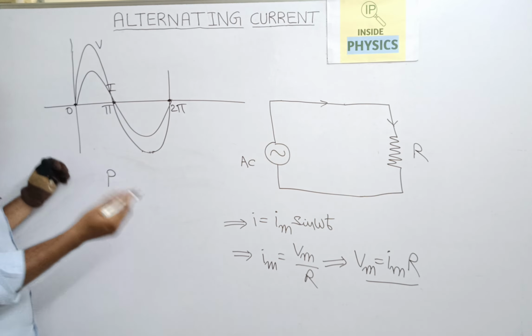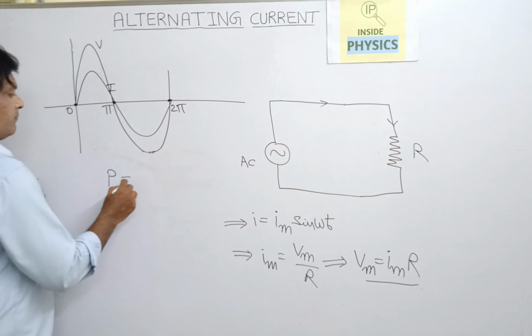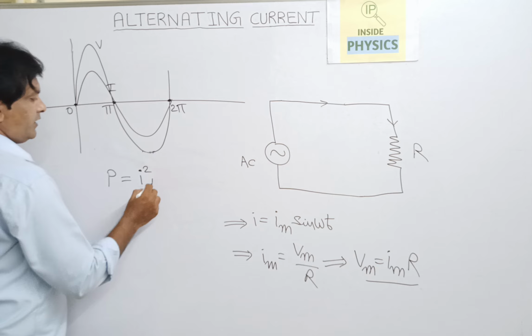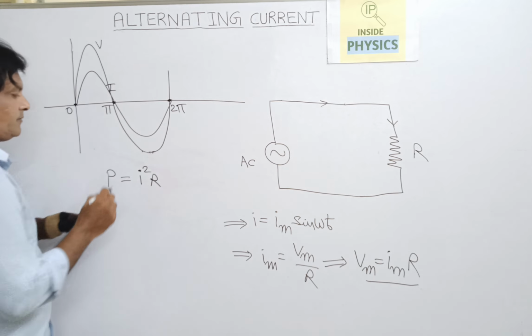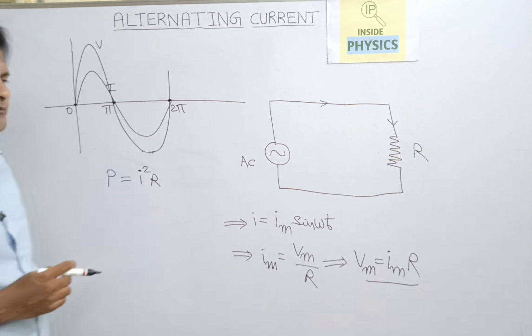Whenever heat is produced by passing electrical energy, the power dissipated, the power wasted, is actually indicated by I squared R, the current flowing and the resistance in the circuit.